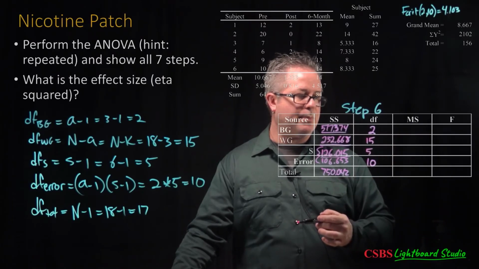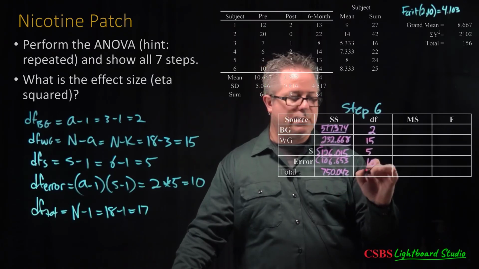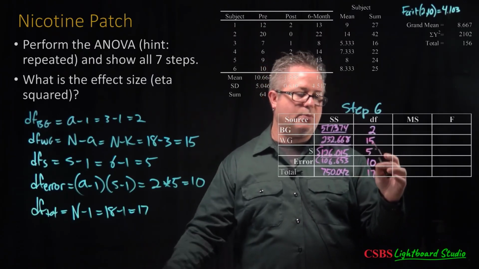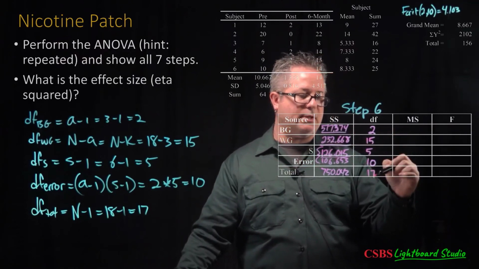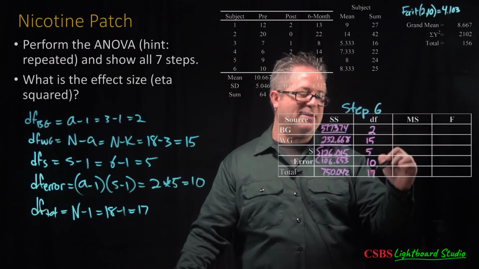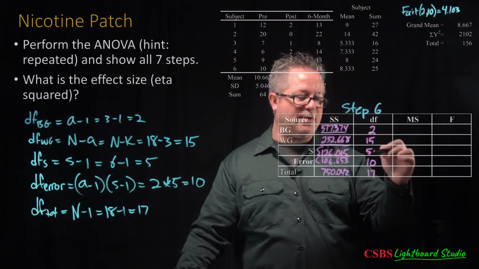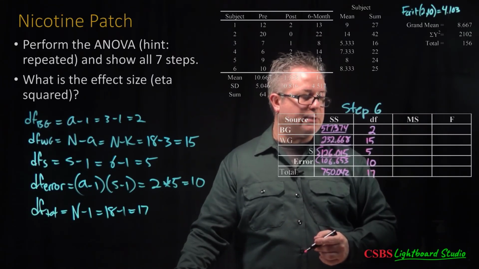And then total here is 17. So it should also work out that 2 plus 15 is 17, or 2 plus 5 plus 10 is 17. Either way, you don't count them twice. So it works out.